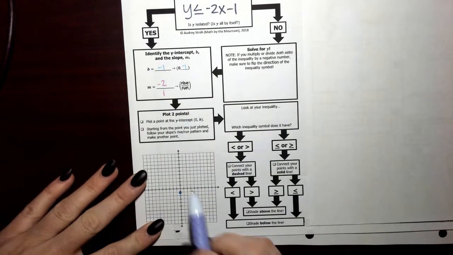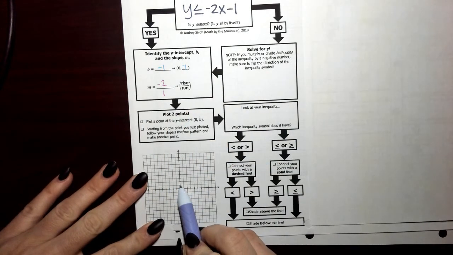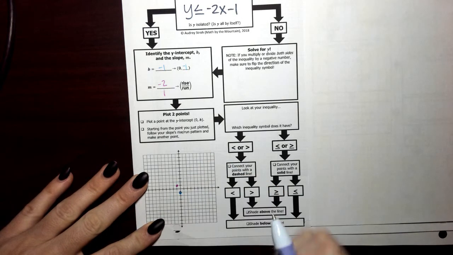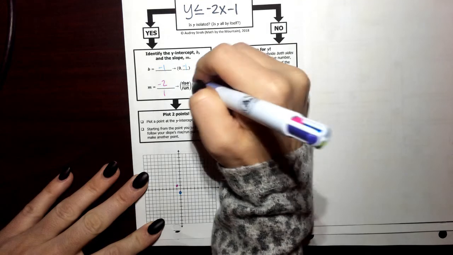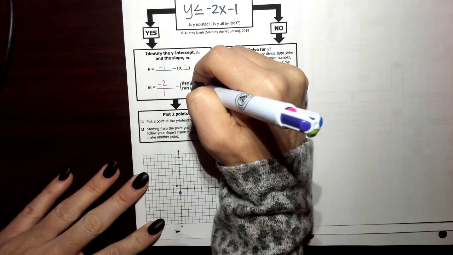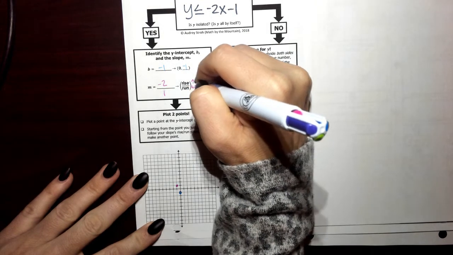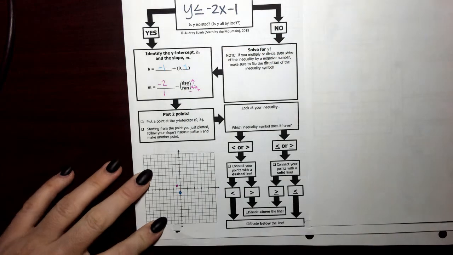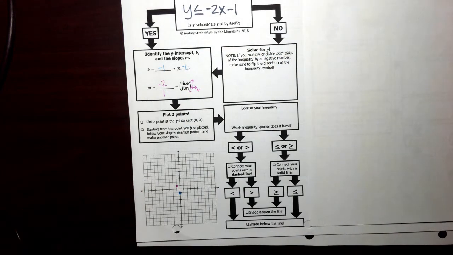So we're going to go up 2, since we've got a negative slope, we're going to go over that bottom number. So rise is up and run is either left or right. We'll go right if it's a positive number and left if it's a negative number.